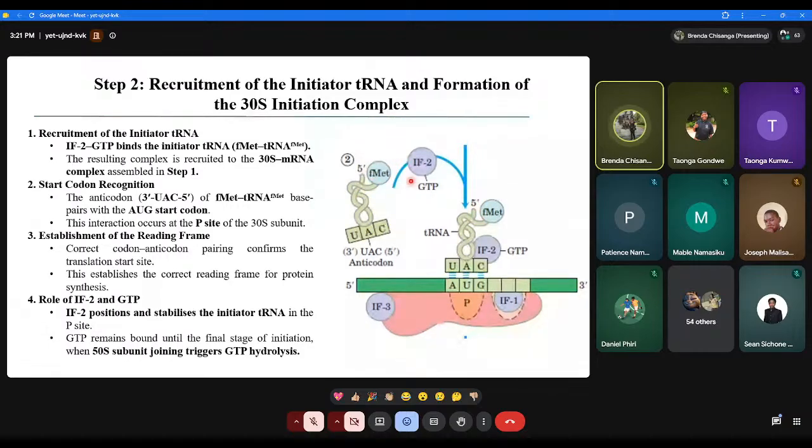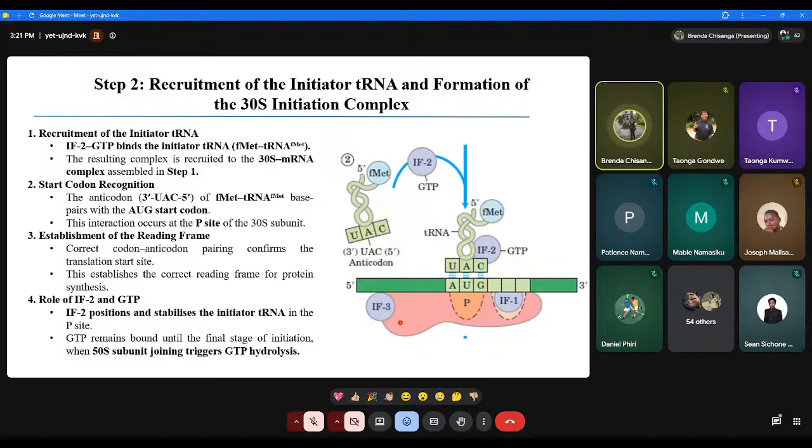Now, this fMet is not brought to the ribosome by itself. It forms a complex with initiation factor 2 and GTP. Remember, this GTP is going to provide energy at some point, as we're going to see as we go on in initiation. Now, what you see here is you have IF1 in the A site, and that is why I said these initiation factors ensure that this tRNA fits into the P site because the A site is blocked.